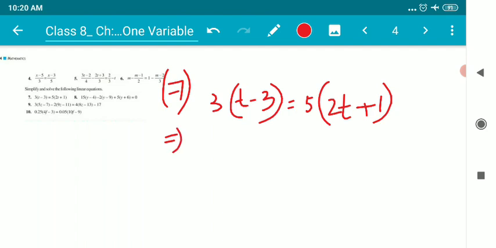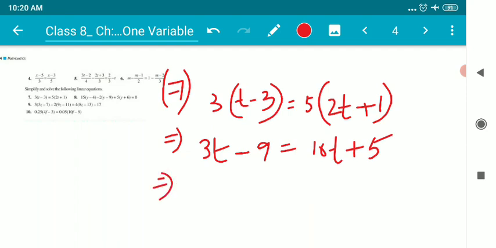Now children, 3 into t is 3t, minus 3 3s are 9. Now 5 into 2t is 10t, plus 5 ones are 5.